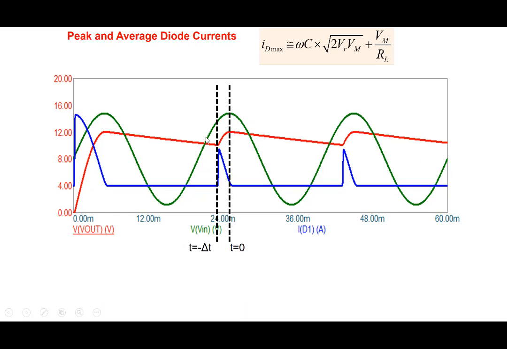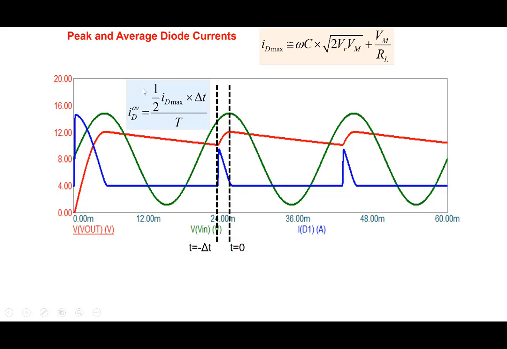Okay. If we want to calculate the average diode current, the diode current is flowing like this. It starts with a high value here, goes to 0 here, then remains 0, then again the diode turns on and it goes like this.